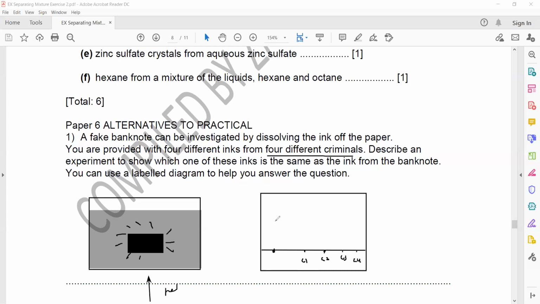How can you identify which criminal this ink belongs to? You can identify which position the spots rise to for the different inks. The one which matches, you can see here, the sample matches with C3, so this belongs to criminal 3.